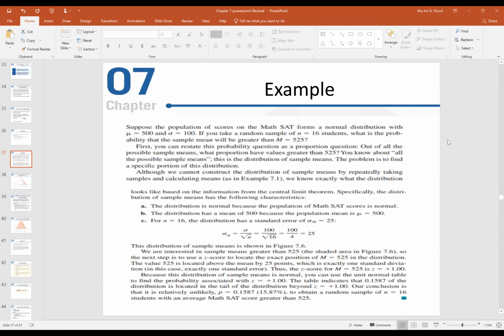So our conclusion is that it is relatively unlikely. There is only a 15.87% chance of obtaining a random sample of size 16 with an average math SAT score greater than 525.